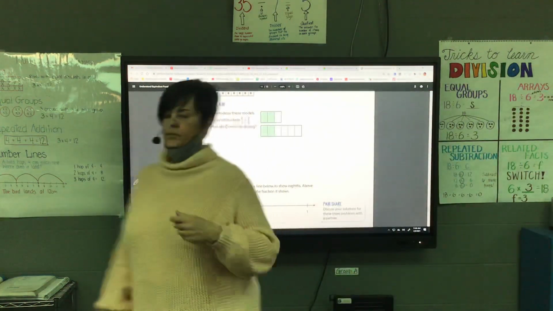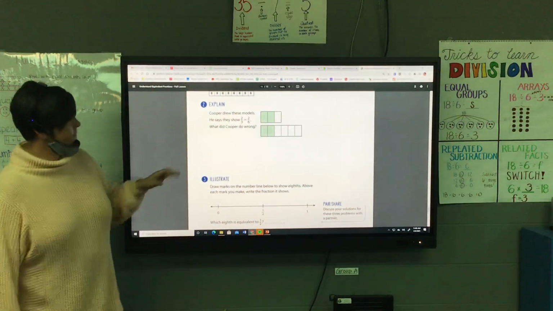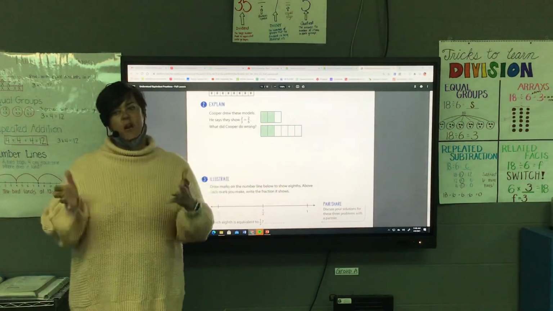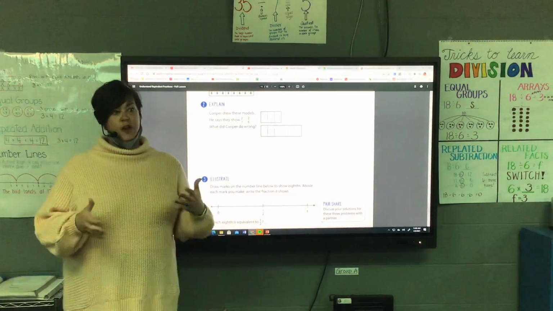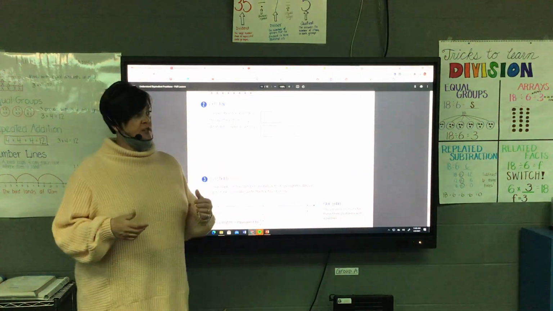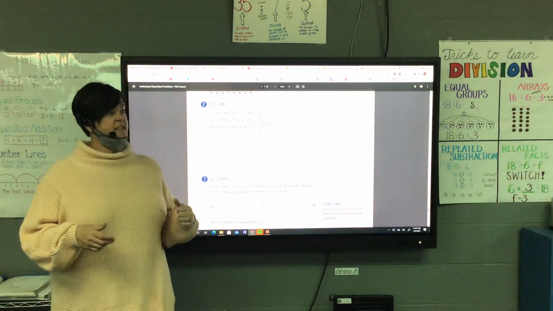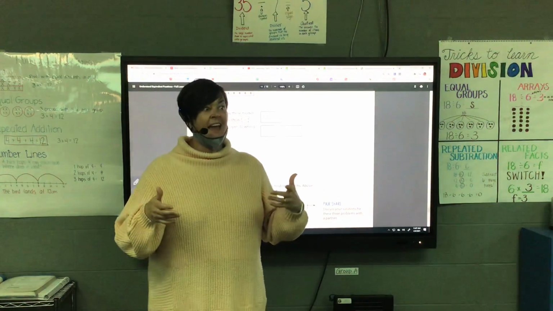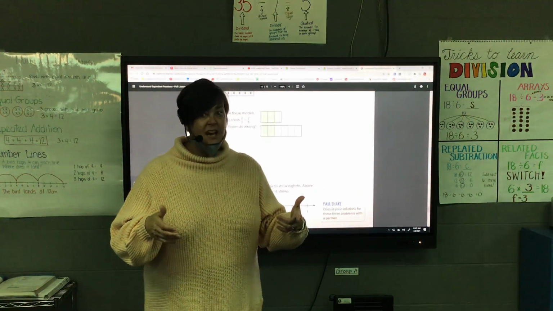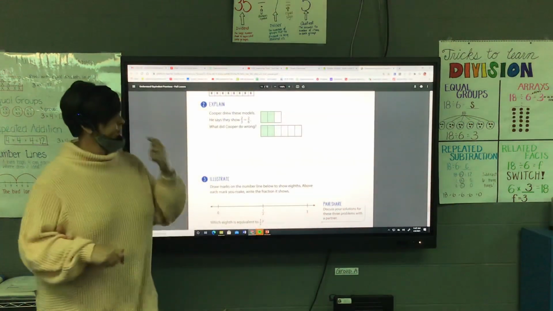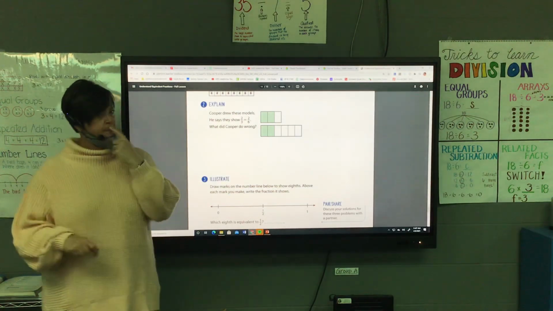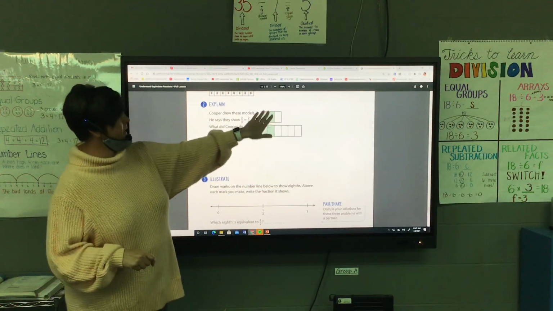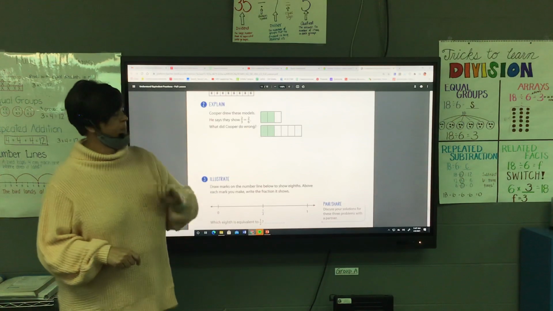Class? Yes. Some of you are struggling. When we are talking about fractions, equivalent fractions, they have to be the same shape and size. What's wrong with this one? How many parts did he make for this shape? 3.